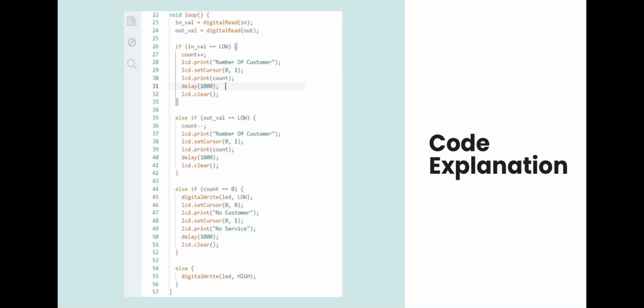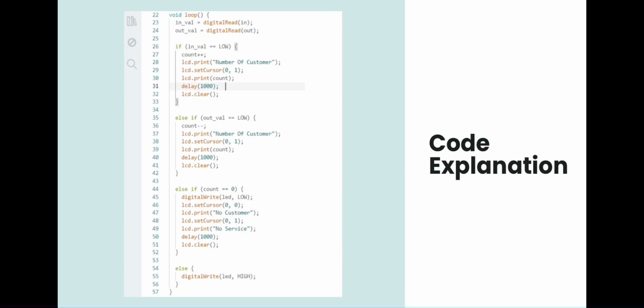On the LCD, we display a message to inform the user that no one is in the room by using lcd.setCursor(0,0) to print no customer in the first line, and lcd.setCursor(0,1) to print no service in the second line. Delay 1 second and then clear.